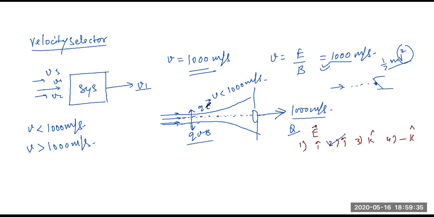What's the direction of magnetic field I have considered? This one is tricky because this is the direction of force, remember. Velocity is this way. What should be the direction of magnetic field so that I get a force in the downward direction, if velocity is in I cap?